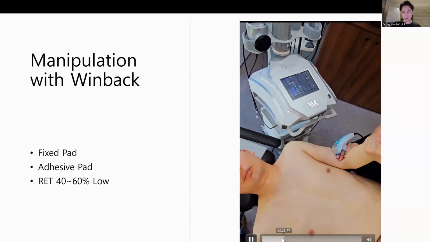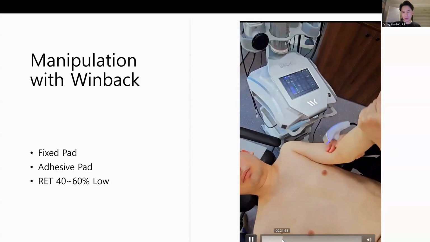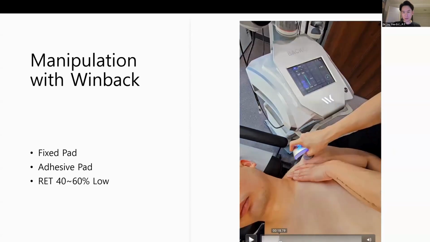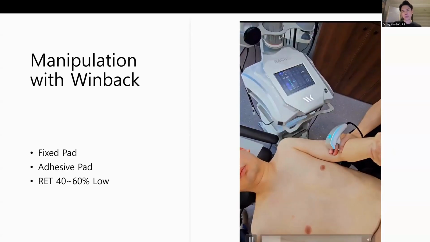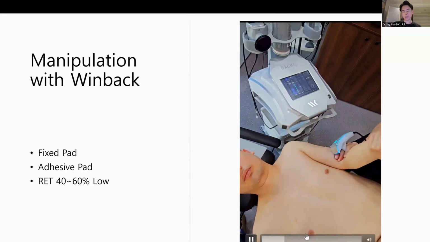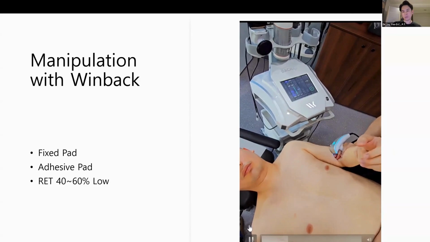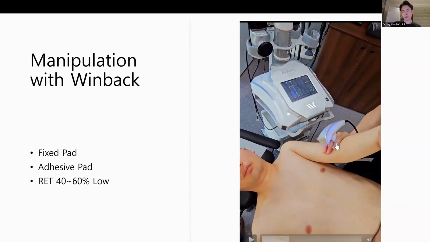I think you guys already saw my manipulation during the key mass about the shoulder. I apply the probe in front of the elbow and try to stretch out and mobilize the elbow joint.